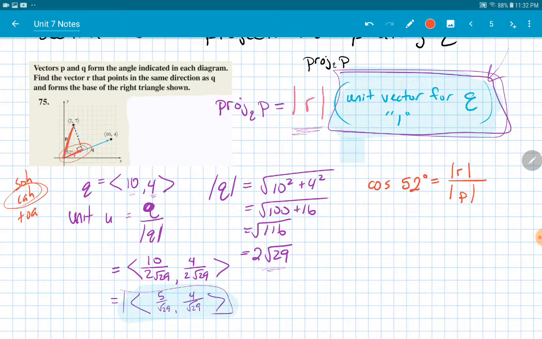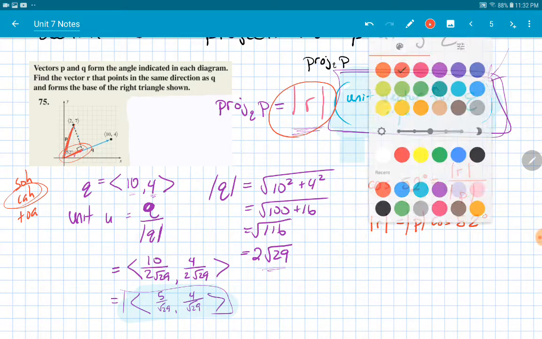To solve for this, I get the magnitude of P times cosine of 52 degrees.